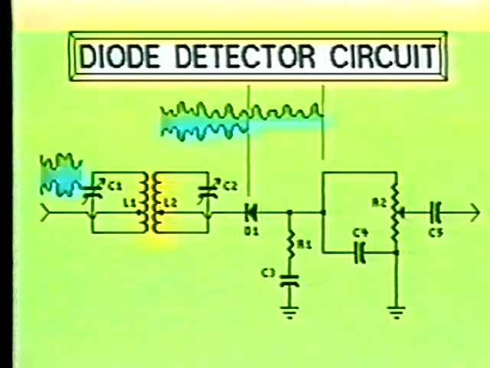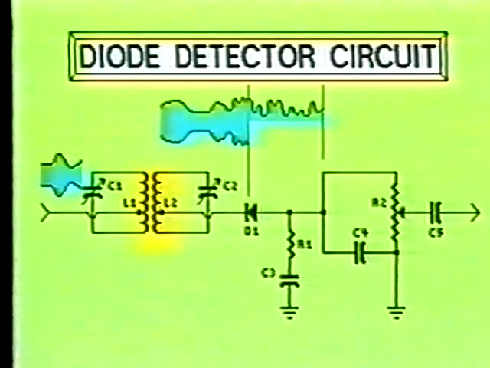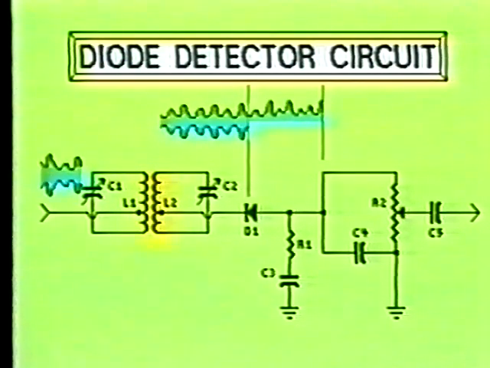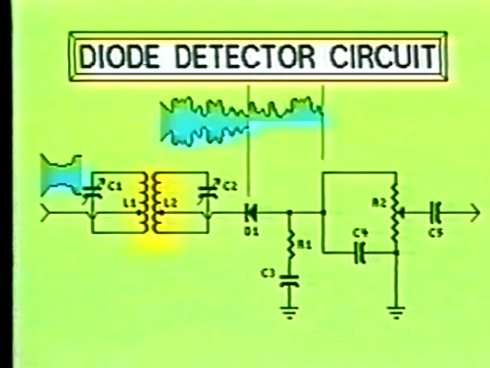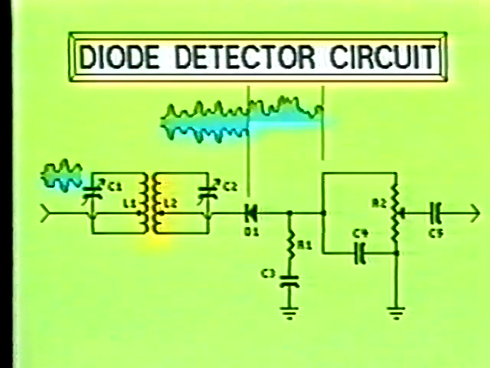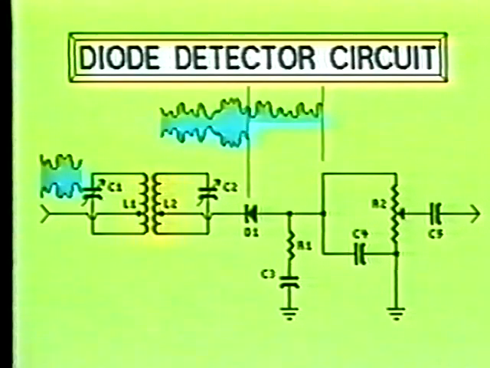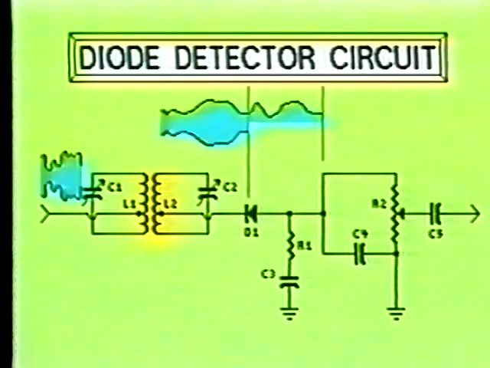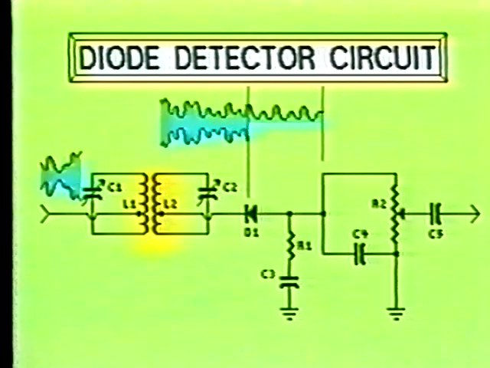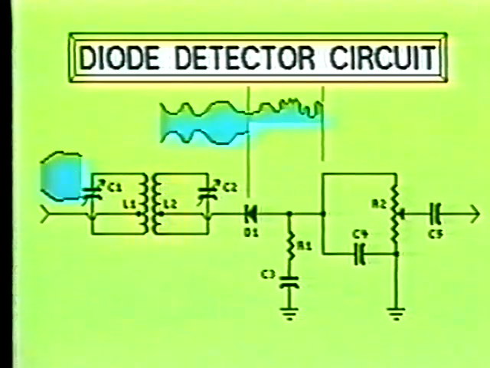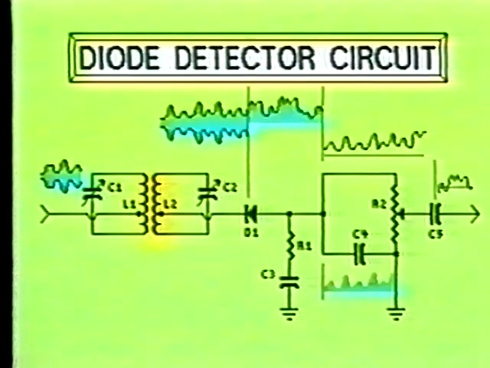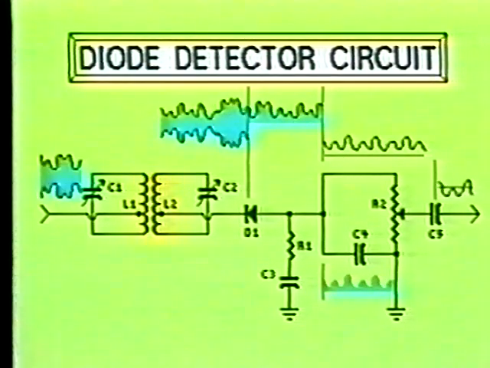Even though only half of the modulated carrier passes through the diode, it will still consist of 3 parts. These are the radio frequency carrier wave, the DC component on which the information is riding, and the audio frequency component. The DC component will be the average amplitude of the voltage developed across capacitor C3. From here, the RF carrier wave is eliminated by capacitor C4.